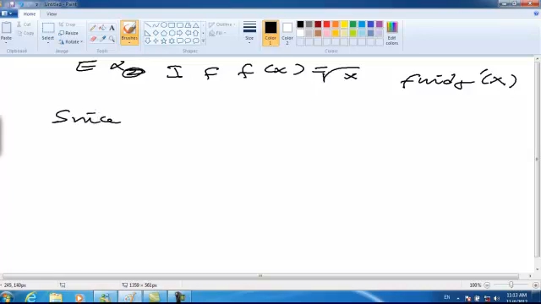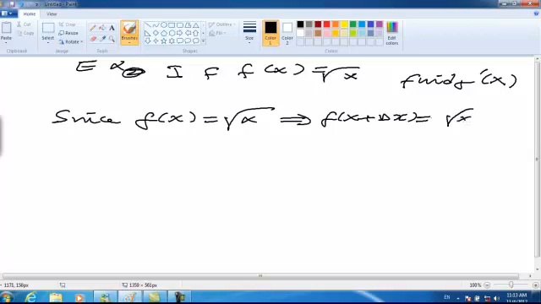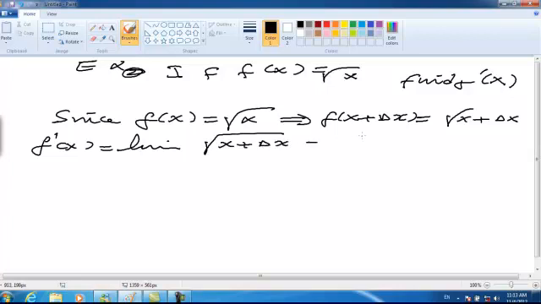Since f of x equals square root x, then f of x plus delta x equals square root of x plus delta x. f dash of x equals the limit of square root of x plus delta x minus square root x, divided by delta x, as delta x tends to 0.